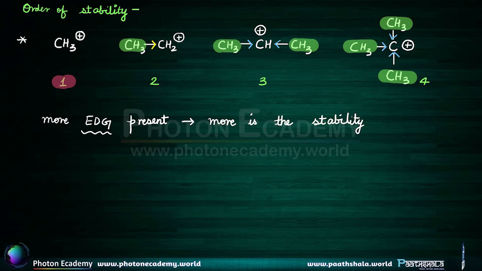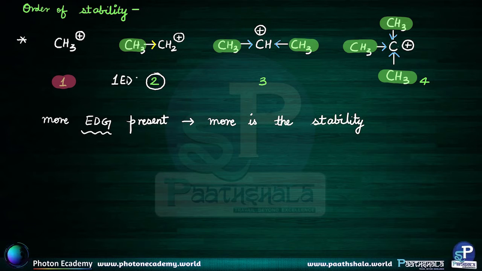If I see the second one here, there is one electron donating group. Now moving on to the next one, there are two electron donating groups here. And when I move on to the last one, there are three electron donating groups here.